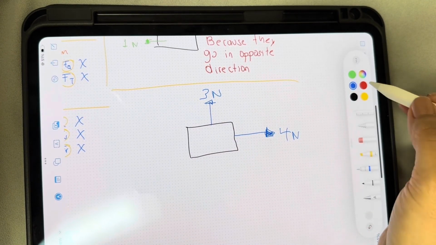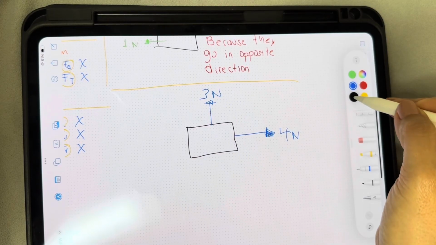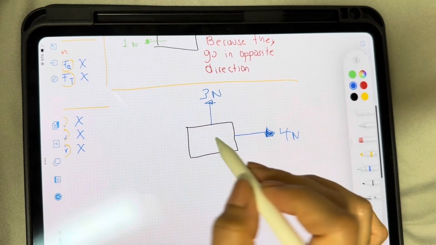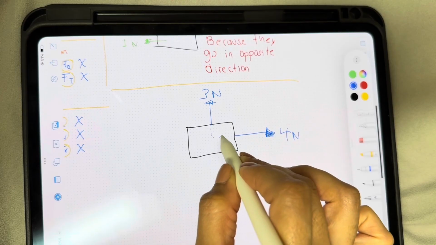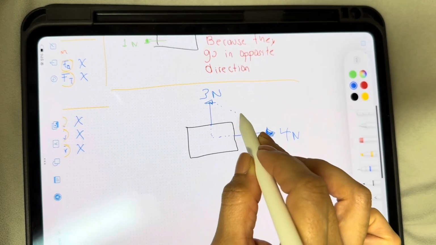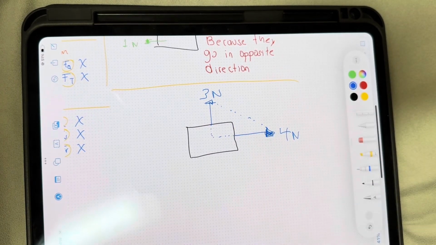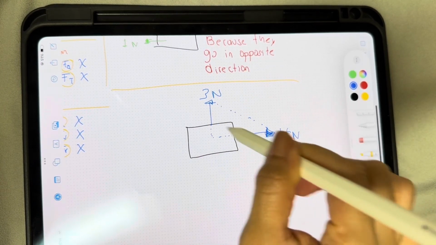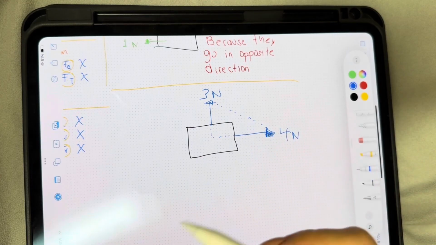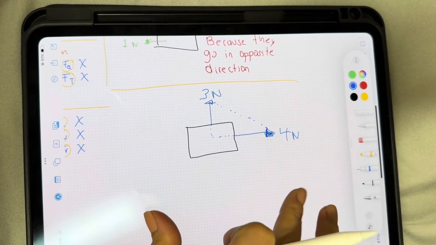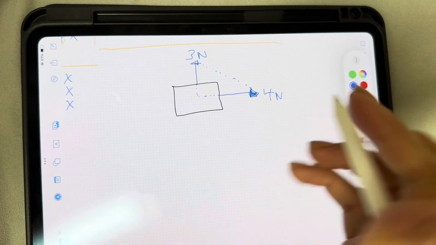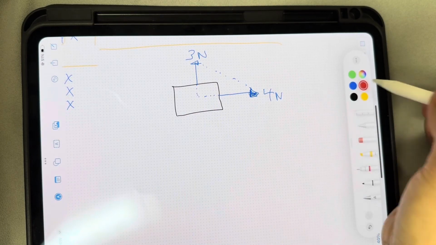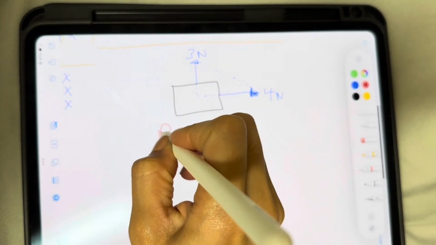Okay, so what you can do is draw an imaginary line and connect them and you have a triangle, right? Since this has a perfect 90 degrees angle between the two. And you know how to do this.